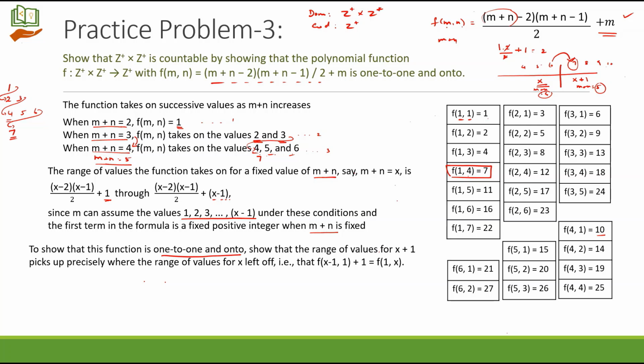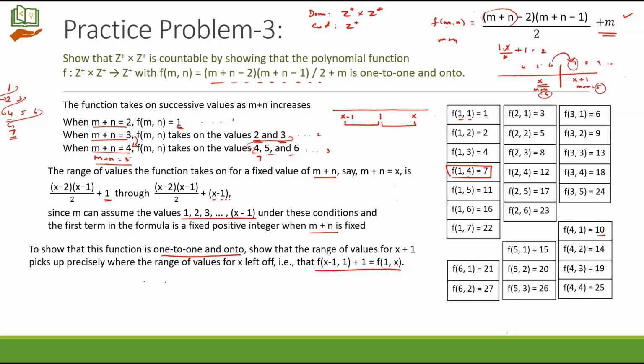In order to show that, what they have given is f of x minus 1 comma 1 plus 1 is equal to f of 1 comma x. To understand this, let's take a scale again. This is going to be x minus 1, this is 1 and this is x. This is going to be one range and this is going to be the other range.